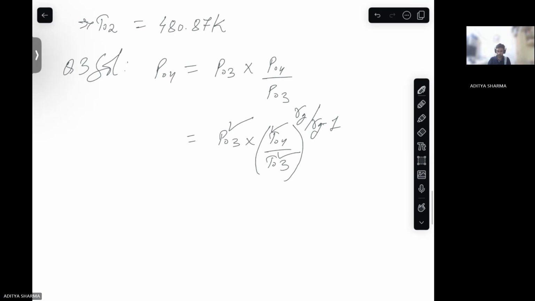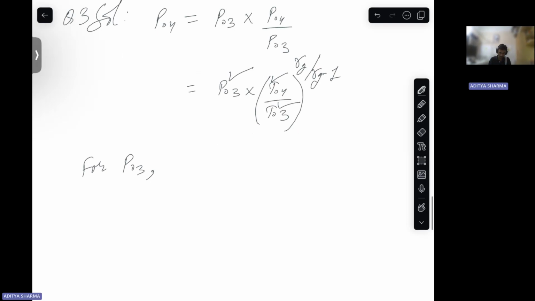So for finding out P03, formula is P03 is equal to P02 into P03 by P02. Okay.